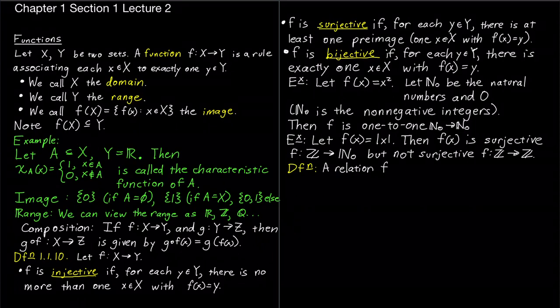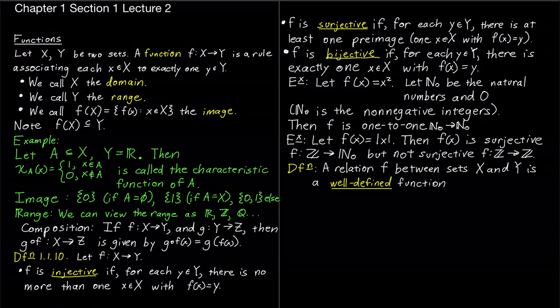A relation f between sets X and Y, we say it is a well-defined function. This just means that it's in fact a function, but so it's redundant.